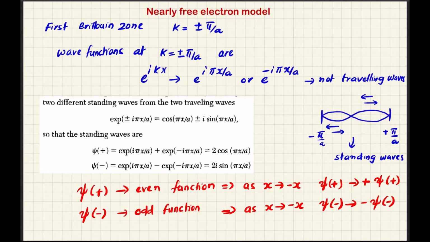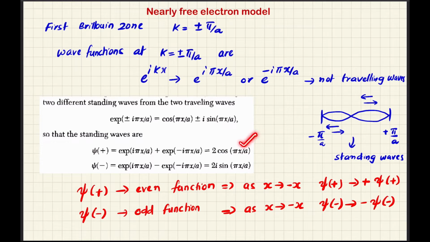Since there are two solutions, you can construct two standing wave patterns, because you can write e raised to plus or minus i pi x by a, according to Euler's formula, as cos pi x by a plus or minus i sin pi x by a. One is e raised to i pi x by a plus e raised to minus i pi x by a, which gives you 2 cos pi x by a.